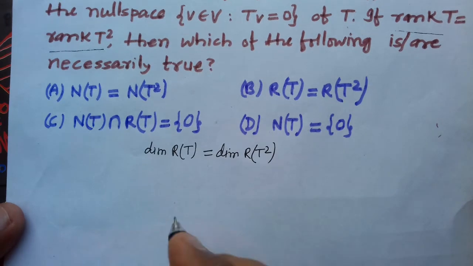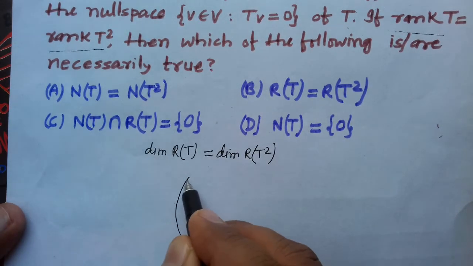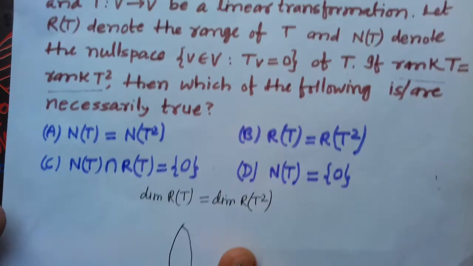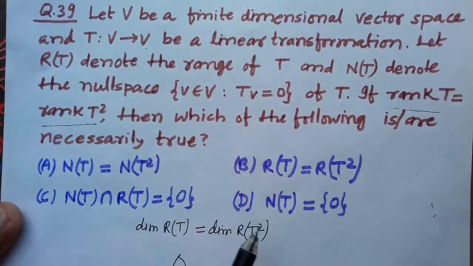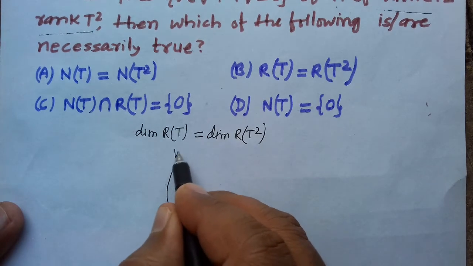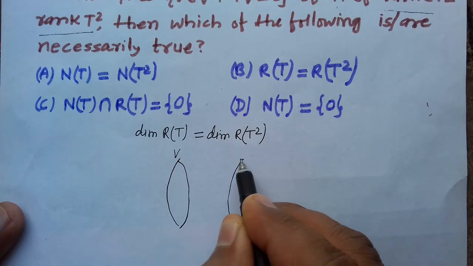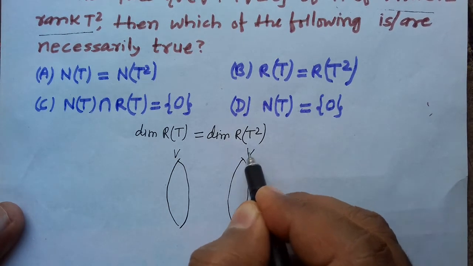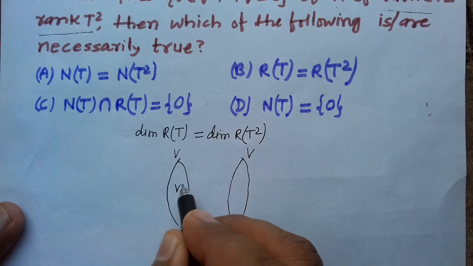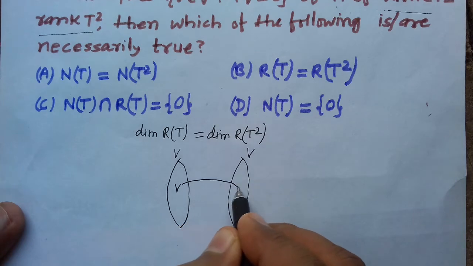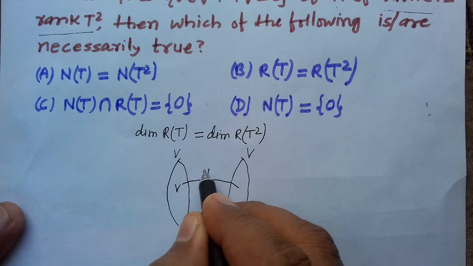Now in the question you see the linear transformation is from V to V, that is, the domain and codomain are the same. Now any vector V maps to TV.